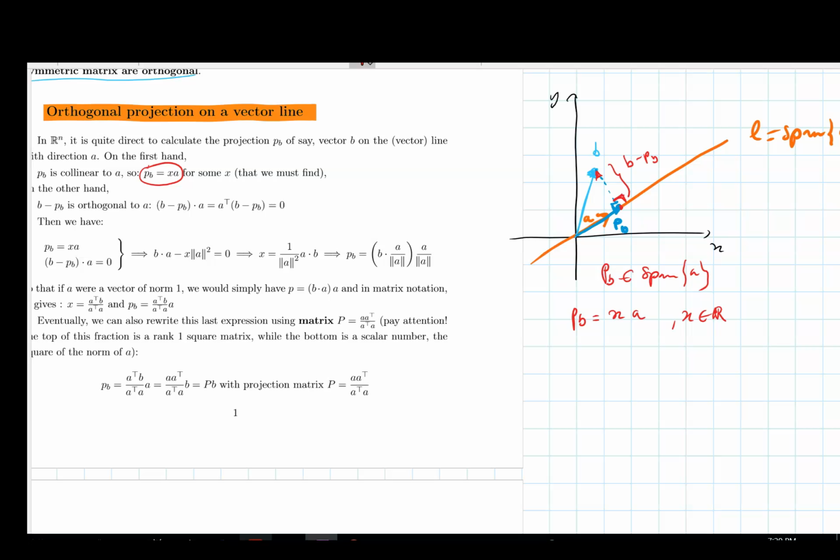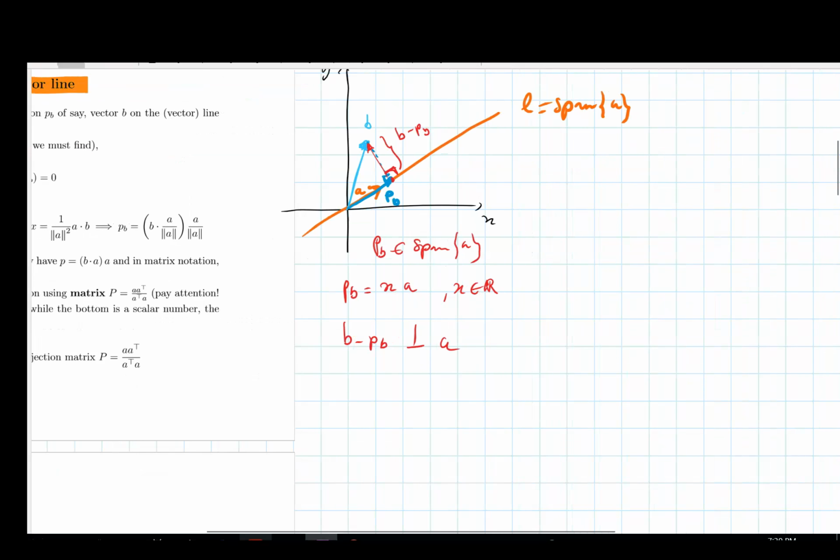That's just Chasles' theorem. And what do I know about this vector? I know that B minus PB, or PB minus B, it's just the same, is going to be orthogonal to A.